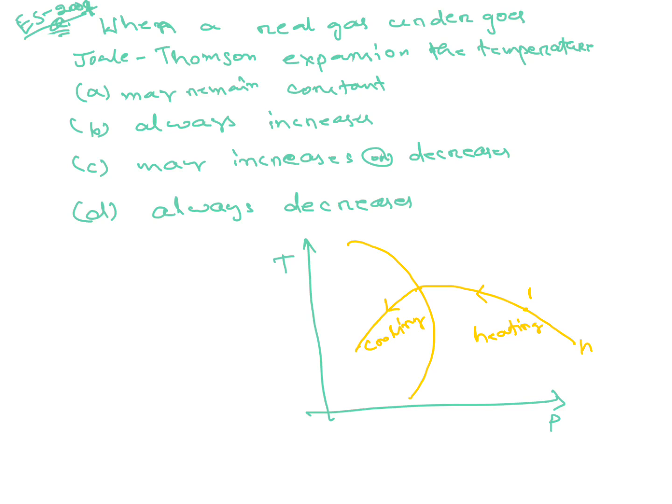So option is C, may increase or decrease. If we stop here, its temperature increases from 1 to 2. If we stop here at 2 dash, its temperature will decrease. So it may increase or decrease.